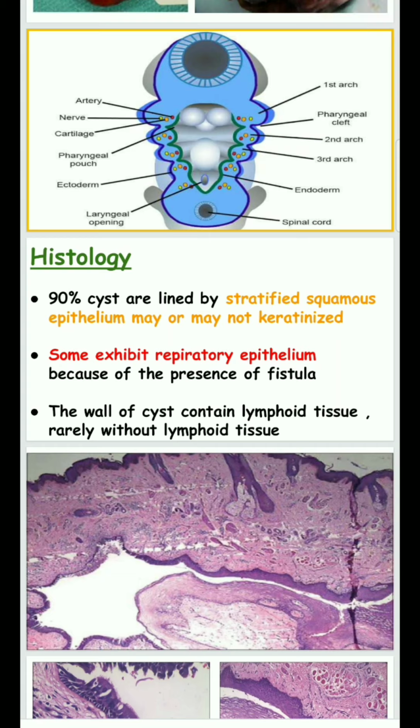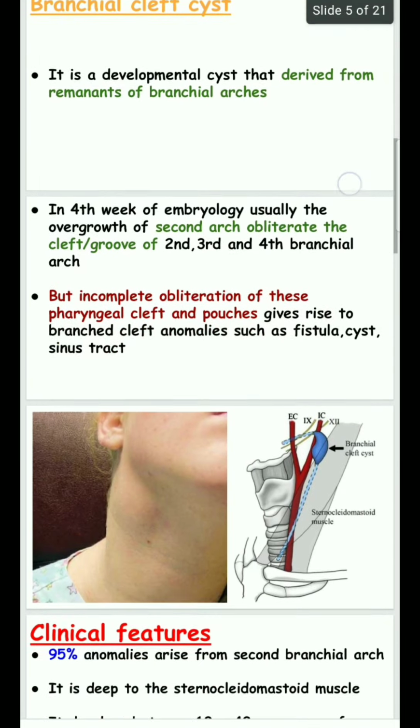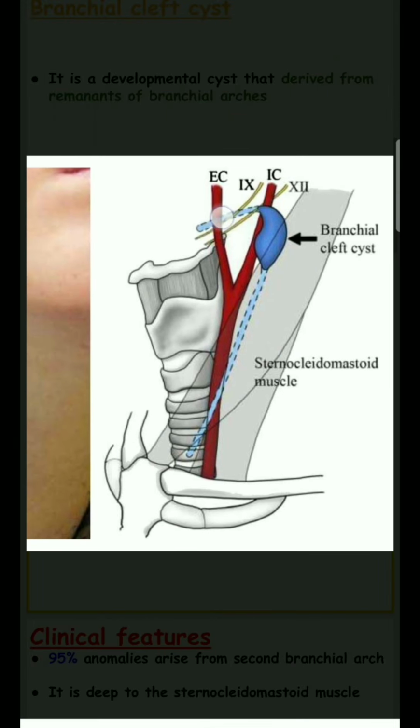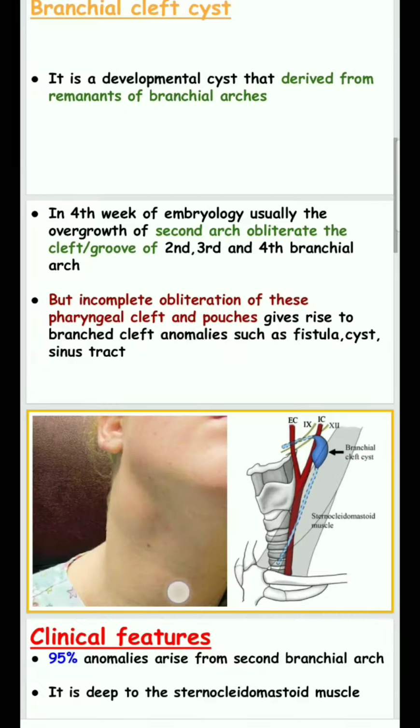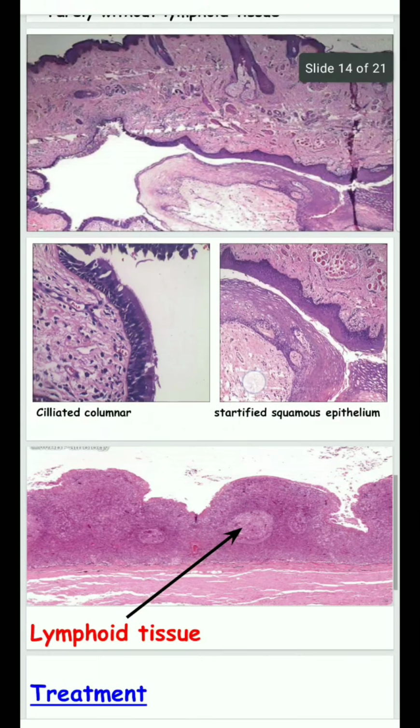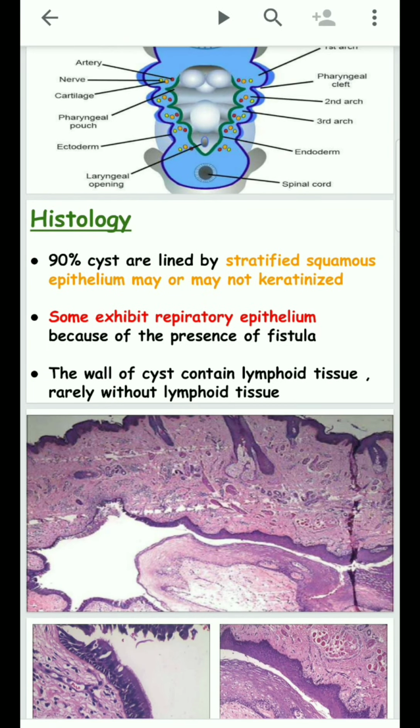Some cysts exhibit respiratory epithelium because of the presence of a fistula. This fistula goes into the respiratory tract, so we see some respiratory epithelium, that is, ciliated columnar epithelium. The wall of the cyst contains lymphoid tissue, rarely without lymphoid tissue.